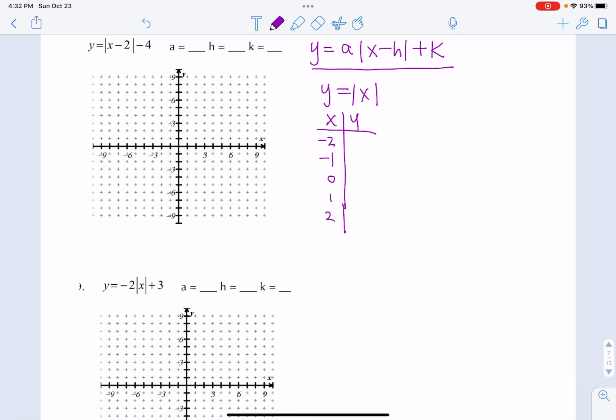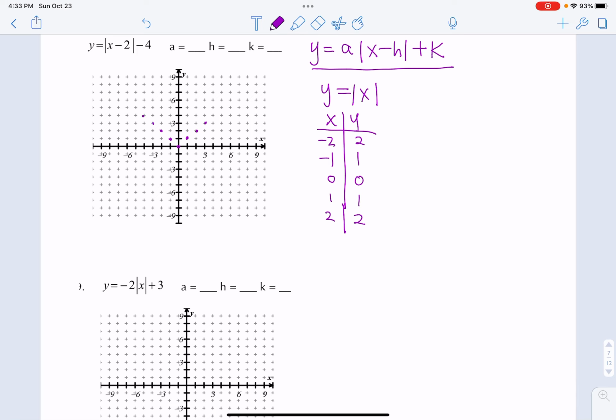The absolute value of -2 will be 2. The absolute value of -1 will be 1, then 0, 1, 2. So if I graph it, 0, 0, 1, 2, going to the other direction with the negative.